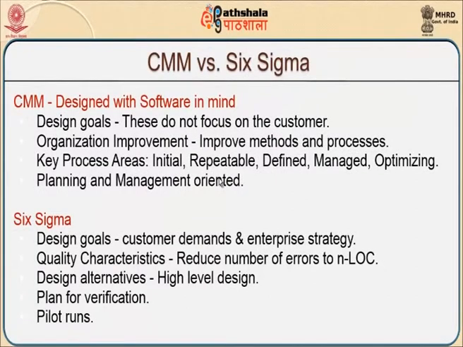In terms of organizational improvement, it tries to improve the methods and processes, and the major key process areas associated with CMM are the levels: initial, repeatable, defined, managed and optimizing. We will look more closely at what these levels indicate and what properties are associated with them.